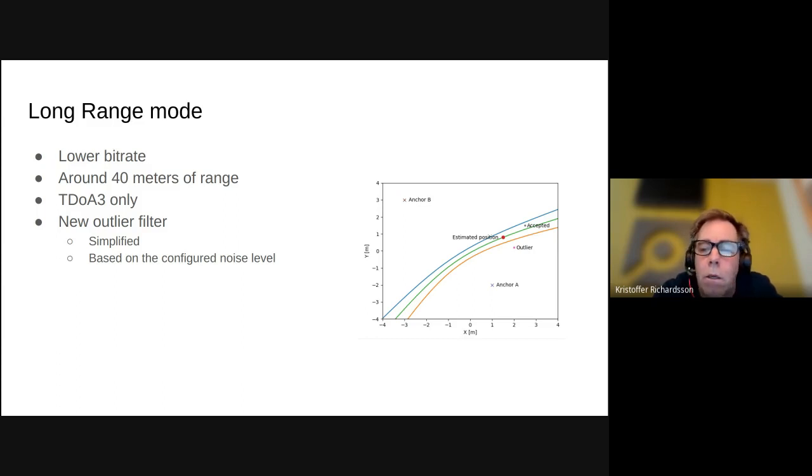But if we get a lot of measurements that are outside of this accepted range, we think that maybe we have lost the position, and so then we open up a bit and let more measurements through to let the Kalman filter converge back into a proper position.